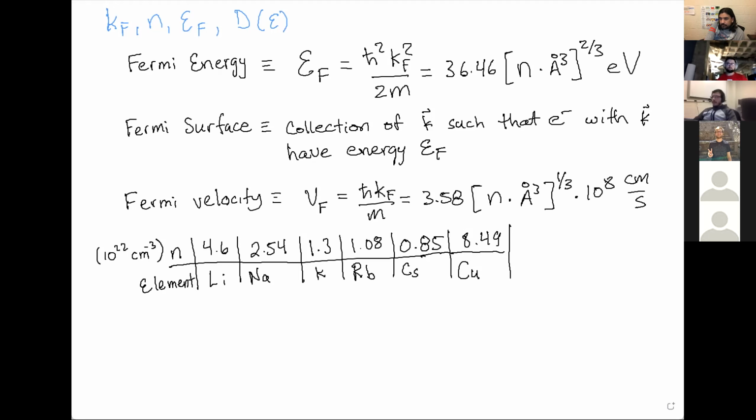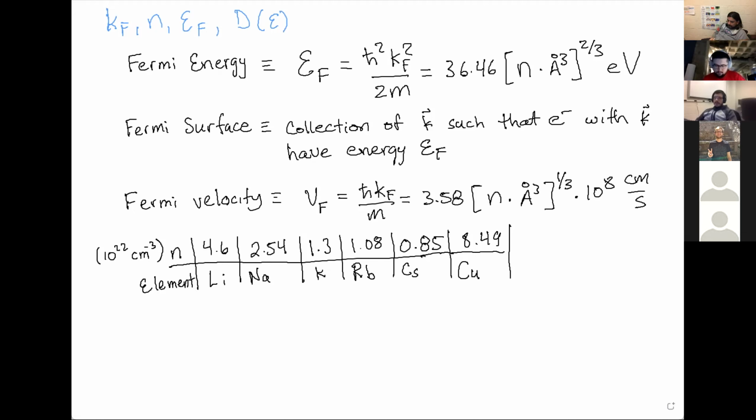So can we relate this to how good a conductor this material will be? There's a trend for that, but conductivity doesn't just depend on the number of electrons conducting. You also have to consider how nice the crystal lattice is, because electrons would scatter and not move as fast as they should.